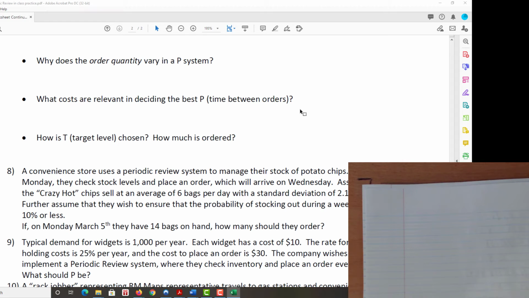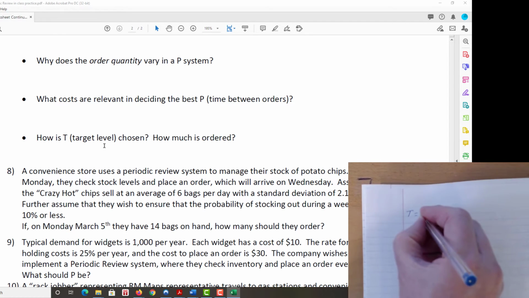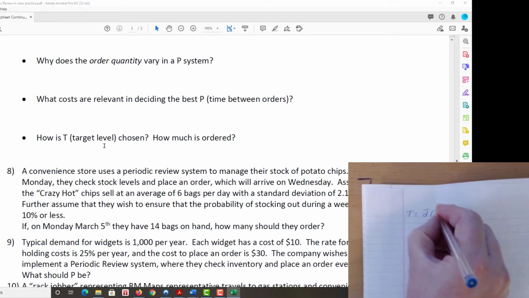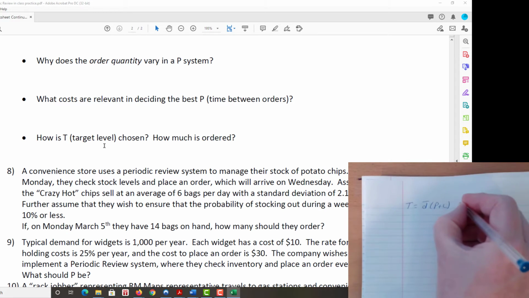Just focus on the two types of costs that we care about. Target level is chosen. Start thinking about what the formula for the target level looks like. The formula tells us the story, like a picture's worth 1,000 words. So when we look at the formula, it's really telling us what's going on here.